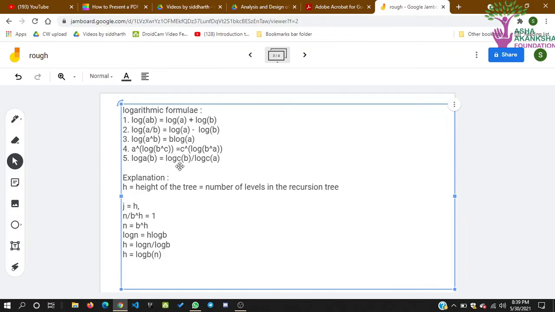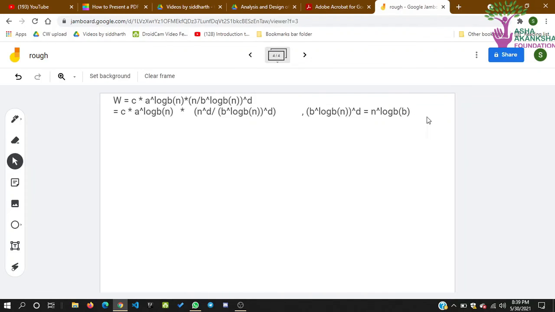I have used the fourth property here. It can be written as this, and the entire thing raised to the power d.